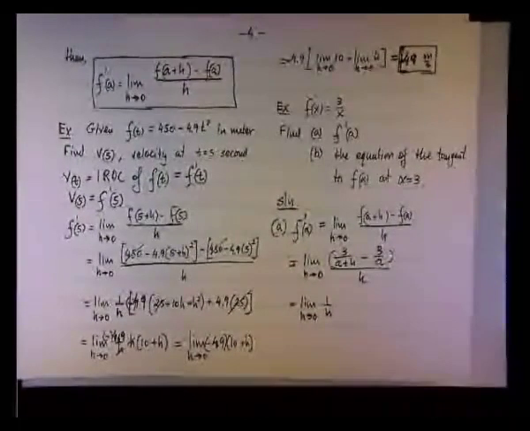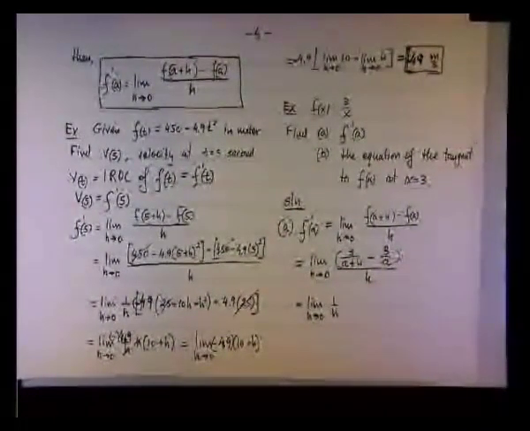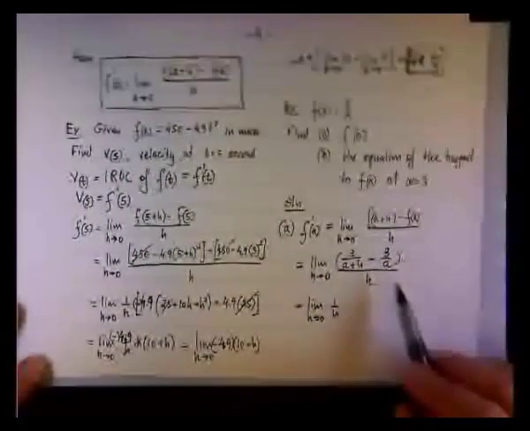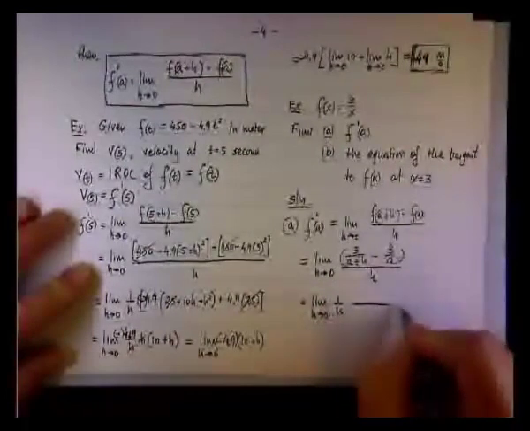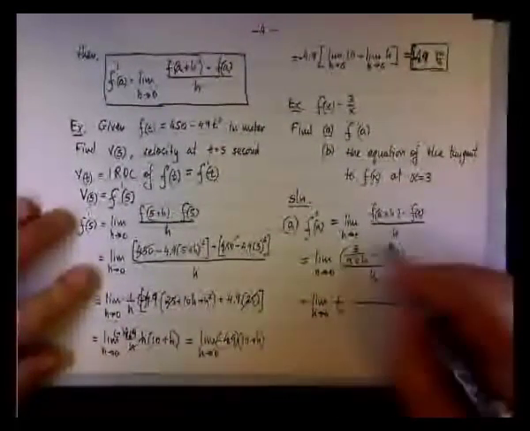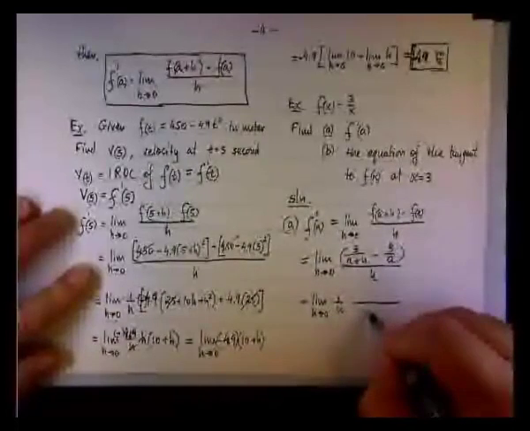Now I'm looking at the numerator, and I see that I have a difference of 2 fractions. And if we subtract, normally we need to come up with a common denominator, right? And the common denominator will be a times a plus h. And here's another reason why I changed it to 1 over h, because I knew that I have a fraction bar in the numerator.